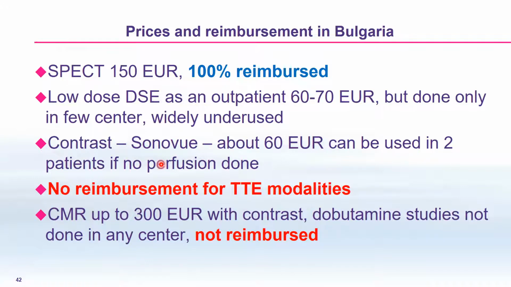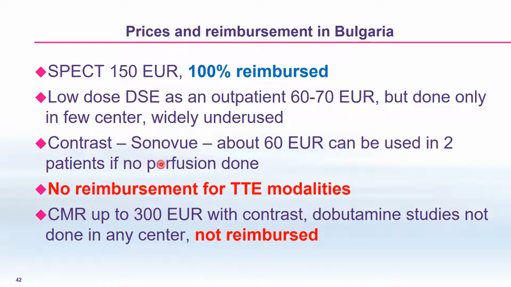The reason for that is they usually reimburse SPECTs for oncology, and the National Health Insurance cannot reimburse the myocardial SPECT test at a different price than the other tests.